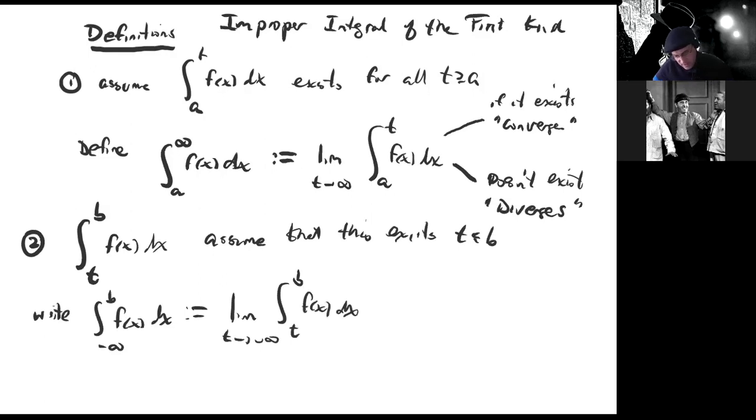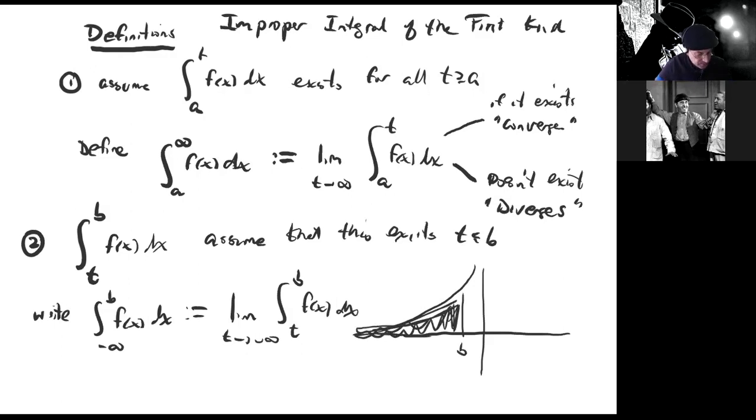So this is the case where you have, say, a curve. Maybe it looks like this, and here's b over here, and you're looking at the area of the region. If the function is non-negative, it's the area to the left. Okay, and then there's a third case to consider, where we make the same assumptions as in 1 and 2.